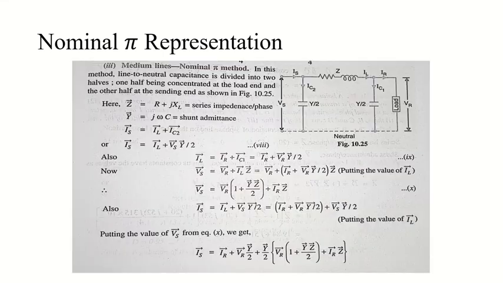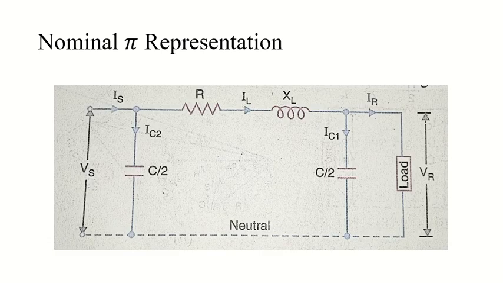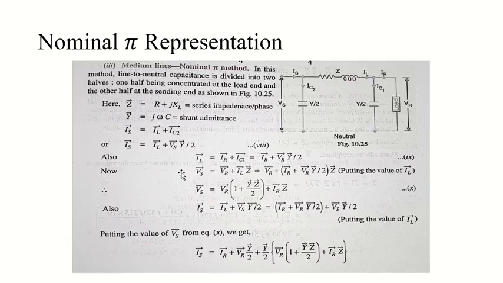But instead of capacitance here, we took shunt admittance, Y by 2 and Y by 2, right? And instead of mentioning R and XL we took Z whole, so that we can easily represent the whole impedance.